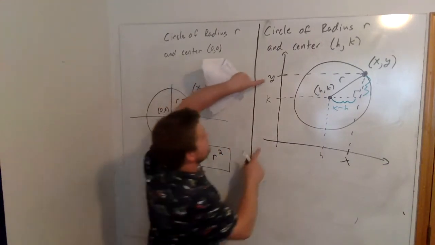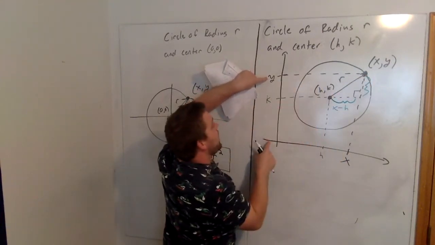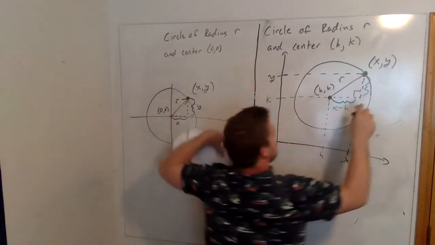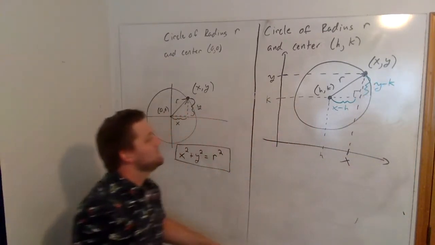Similarly, the distance from here to here is y. If we want this physical distance, we want to take y and remove k. So here we'll have y minus k.